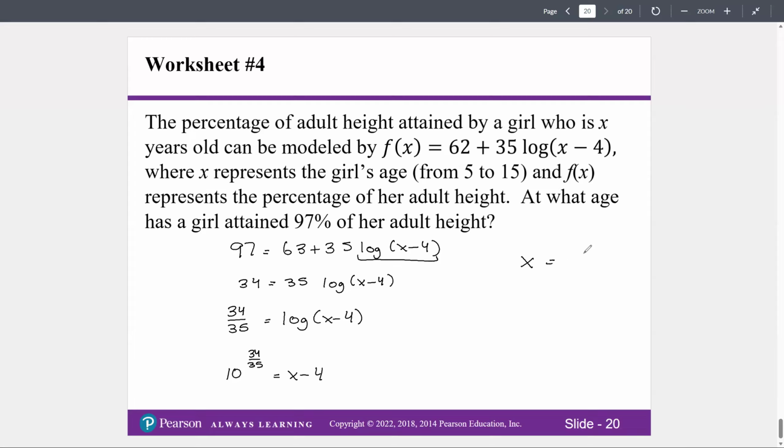So x should equal 10 to the power of 34 over 35, plus 4. So 10 to the power of 34 divided by 35, plus 4, is going to be about 13.